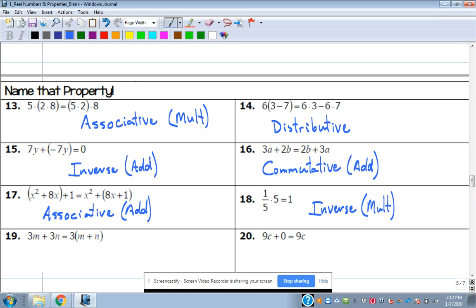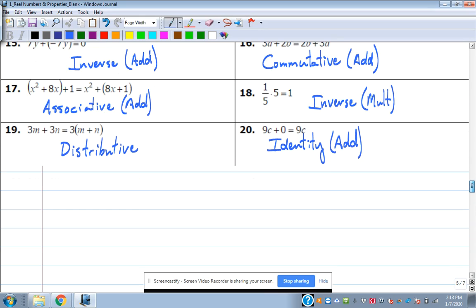Distributive. It's written kind of backwards, right? They've got the distributive property written on the right-hand side instead of the left-hand side. But it's the same thing, right? So it's still distributive. Okay. 20. Identity. Good job. That's the additive identity. Pretty easy, right?